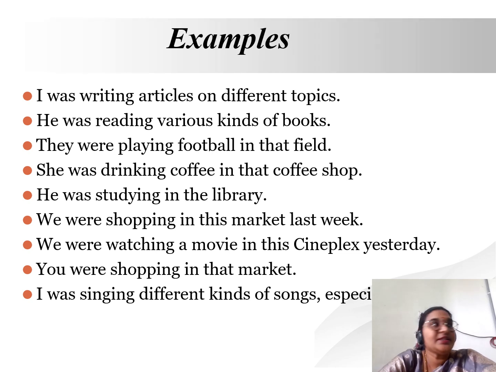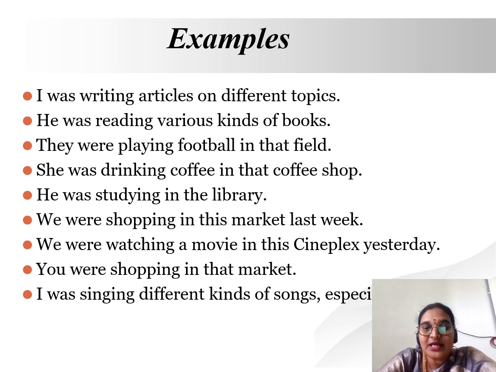If you can see these examples, like I was writing articles on different topics, and he was reading various kinds of books, and they were playing football in that field. She was drinking coffee in the coffee shop. He was studying in the library. We were shopping in this market last week.